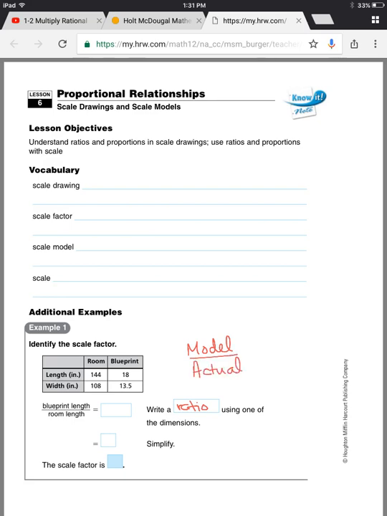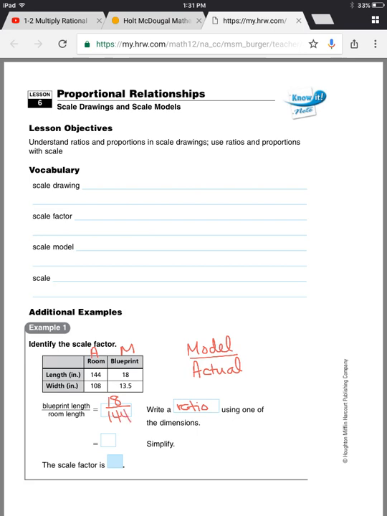So in this case, our blueprint is our model of the actual room. So our blueprint length is 18, and our room length is 144. Okay?